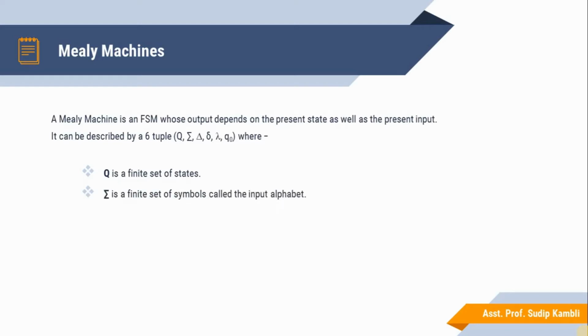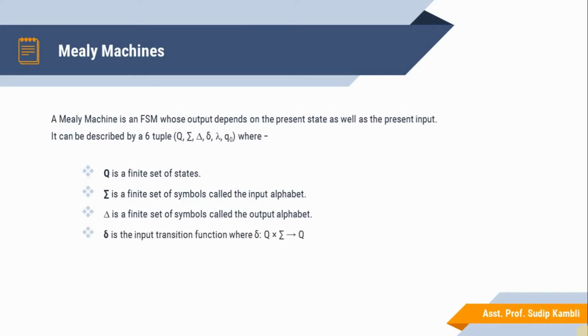Sigma is a finite set of symbols called the input alphabet. Delta is a finite set of symbols called the output alphabet, and the delta function is the input transition function, where delta: Q × sigma derives Q.